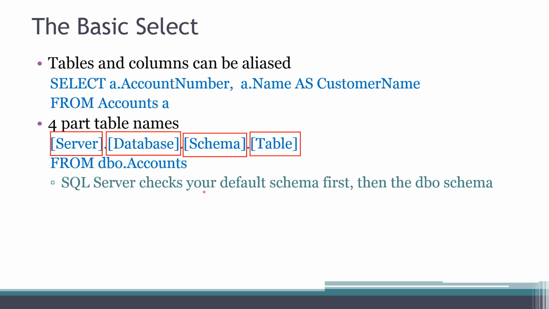If it can't find the table that you're looking for, or the object you're looking for in your default schema, then it will go check the DBO schema. And what you'll find in a lot of cases is that when you create a new user, the DBO schema is the default schema. So it's most often the case that it just checks the DBO schema. But if you have a different default schema, it'll check that one first. So the process is check your default schema, then check the DBO schema, and if it's not in either one of those, it doesn't go anywhere to look for it.